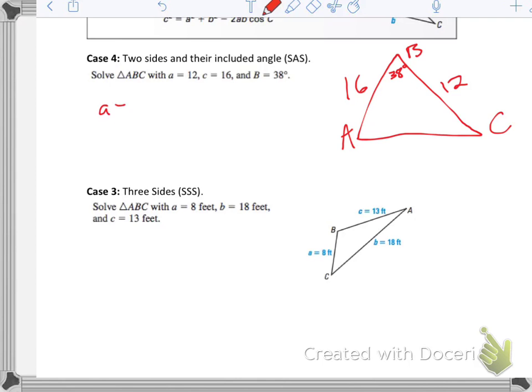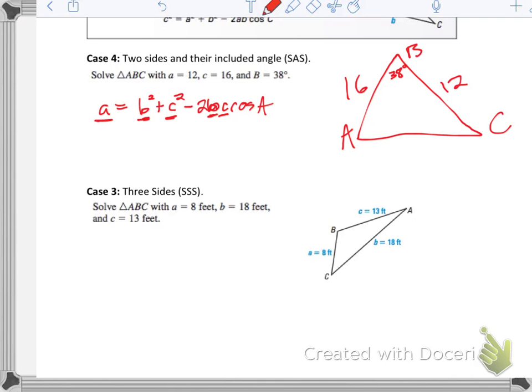Little a, here we go, that's what I wanted, is b squared plus c squared. I'm going to write the formula and then I'll explain everything from here. Minus 2bc cosine of A. Okay, so here it is. Little a squared is equal to b squared plus c squared minus 2bc cosine of angle A. Now that's one version of it, so if I hit stop here and record that.